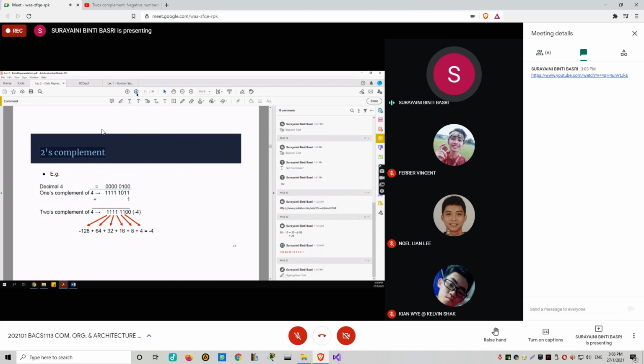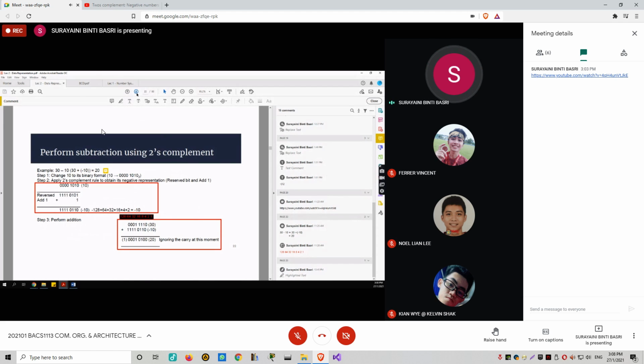Okay, so we proceed to how we can do subtraction using the 2 complement method. So this is the example. Actually this is a little bit confusing when they write it like this, so I rewrite these questions.